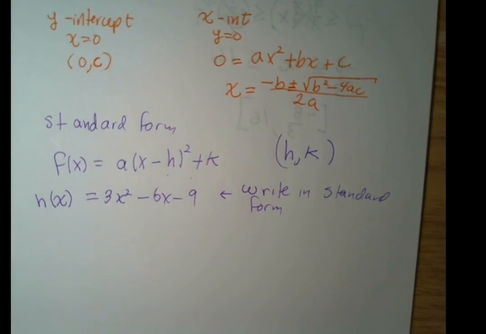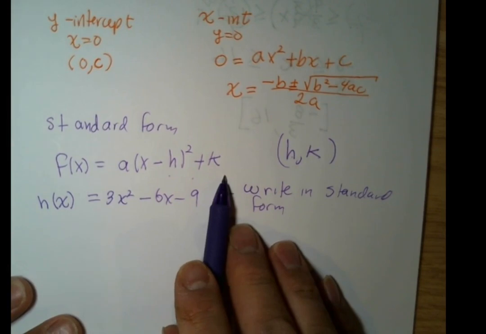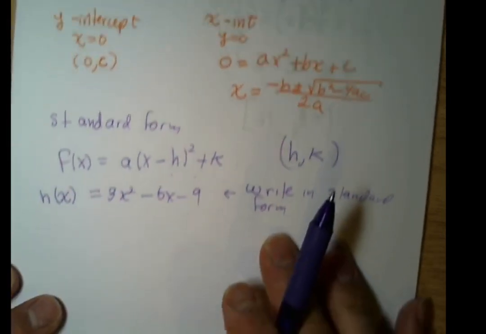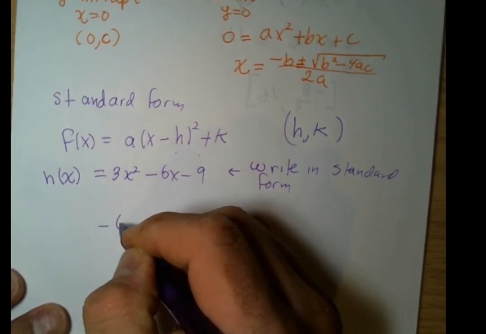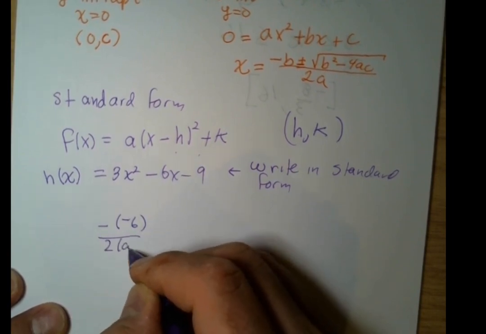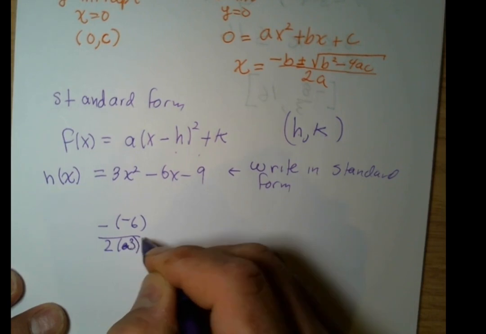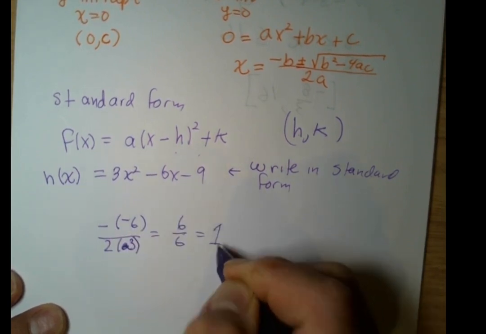Okay. Well, I know that this (h, k) is the vertex, and I already know how to find the vertex. The x-coordinate is negative b, so in this case, b is negative 6, all over 2 times a, in this case being 3. So we get 6 over 6, which is 1.